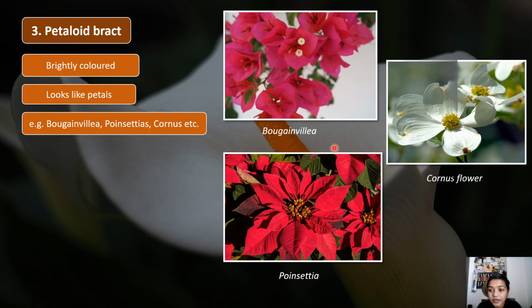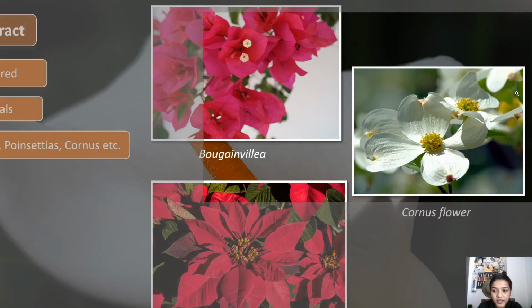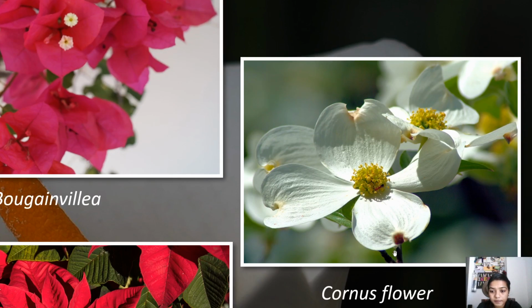And the third example that we took is cornus flower. This is called dogwood tree. ये एक ट्री का फ्लावर है, इसको डॉगवुड ट्री भी बोलते हैं. तो अगर इसको हम जूम करके देखें तो this is the flower. If you look carefully, you will find that these are the flowers.